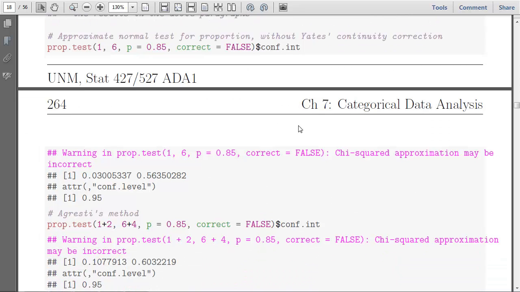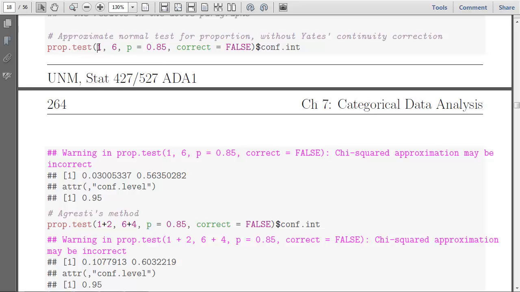All right. So here is the proportion test, and we're going to run it with 1 success and 6 trials. Here's the hypothesized proportion of 0.85 that we're comparing our minority applicants to, and we're going to output the confidence interval from this proportion test. And notice in pink, warning in prop.test: the chi-square approximation may be incorrect. And why is this?